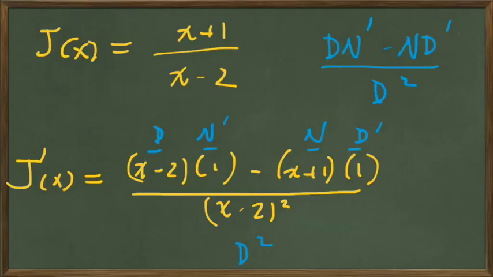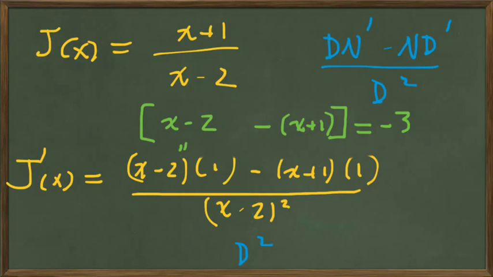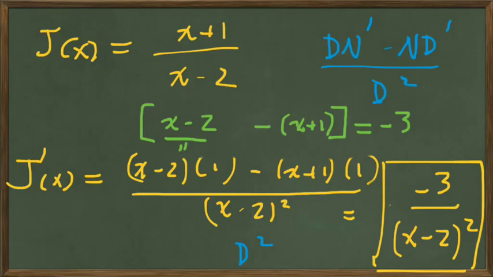This one is relatively easy to simplify, so let's go ahead and do that. So we've resolved the numerator into x minus 2 minus the expression x plus 1. The x's cancel out, and we are left with just minus 3 in the numerator. And we wind up with this expression for the derivative of j.